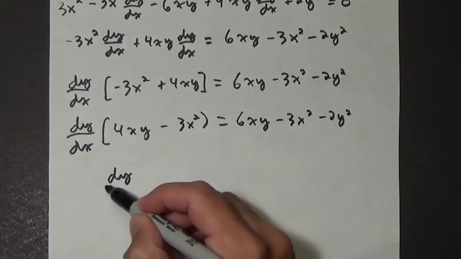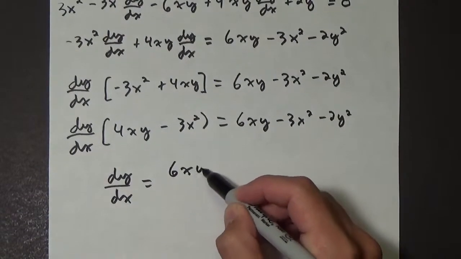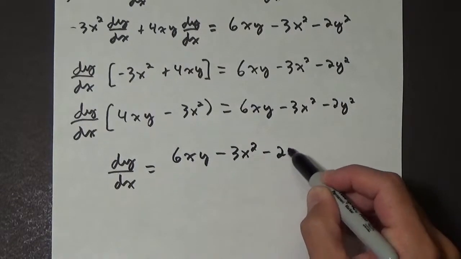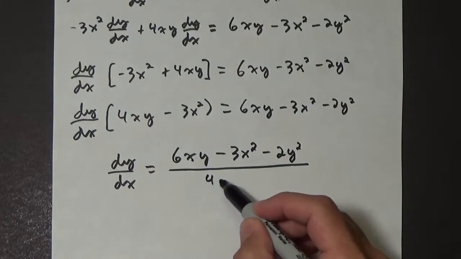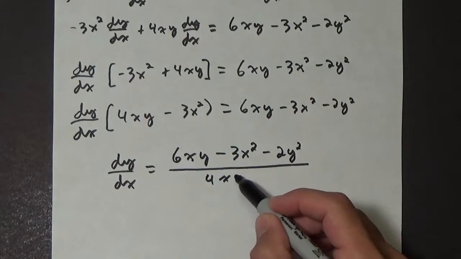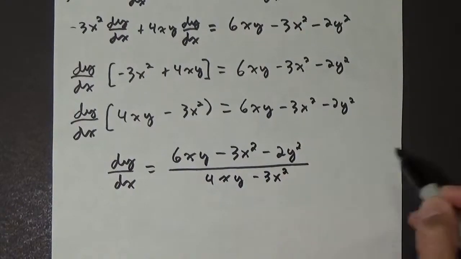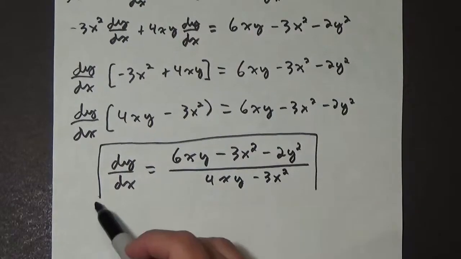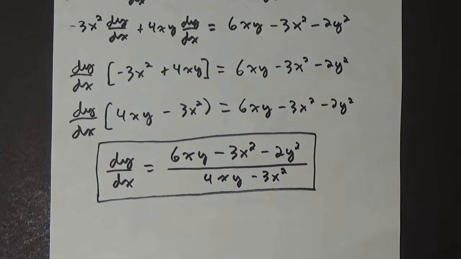And so you end up with dy/dx is going to be 6xy minus 3x squared minus 2y squared all over 4xy minus 3x squared. And there is our final derivative.